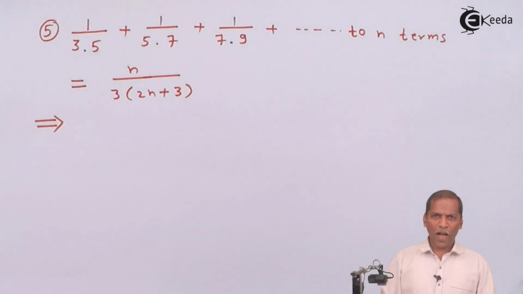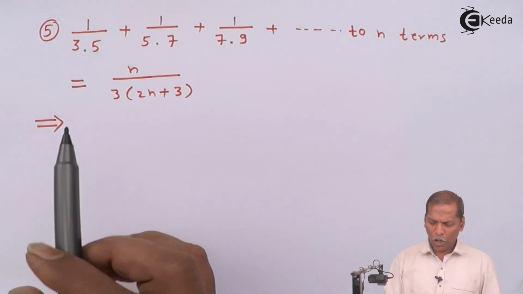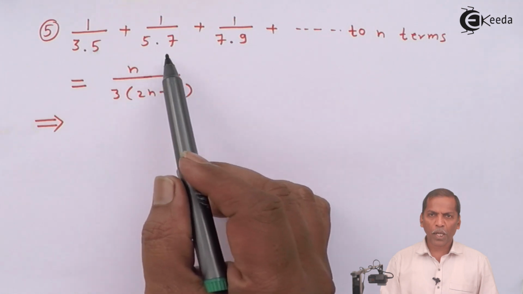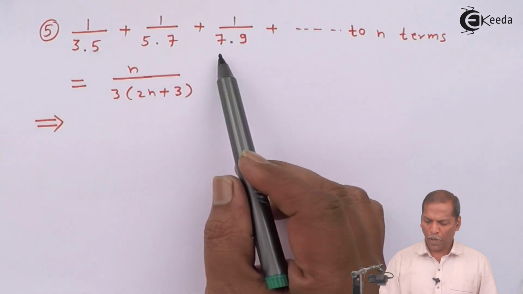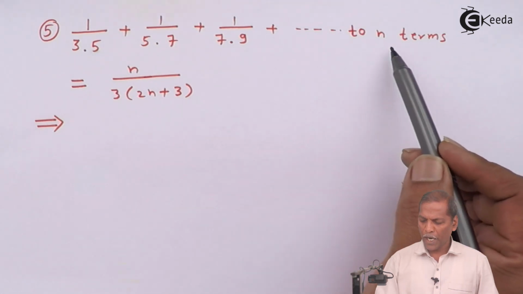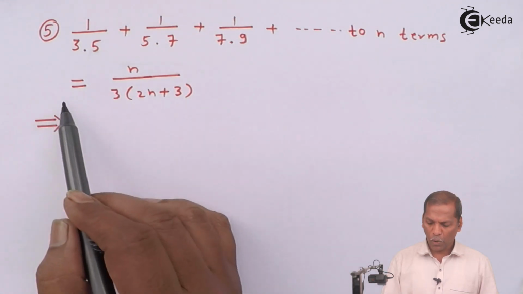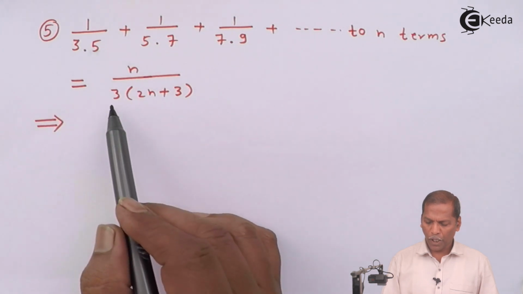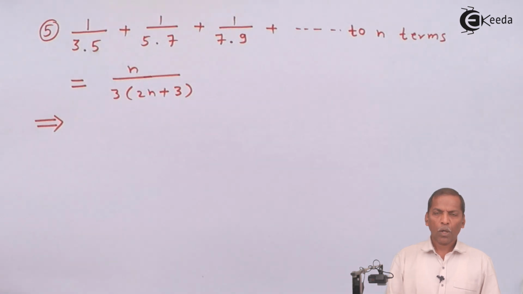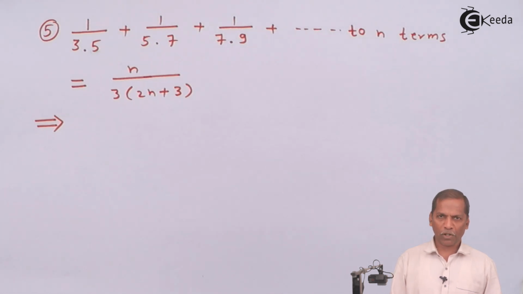The problem is 1 upon 3 into 5 plus 1 upon 5 into 7 plus 1 upon 7 into 9 plus dot dot to n terms is equal to n upon 3 bracket 2n plus 1. We have to prove this problem by using the principle of mathematical induction. Now let's see the solution.